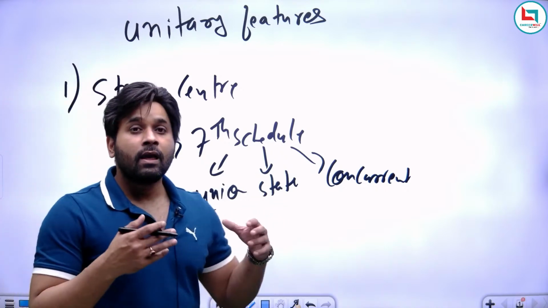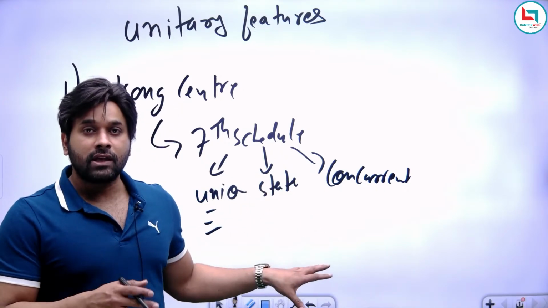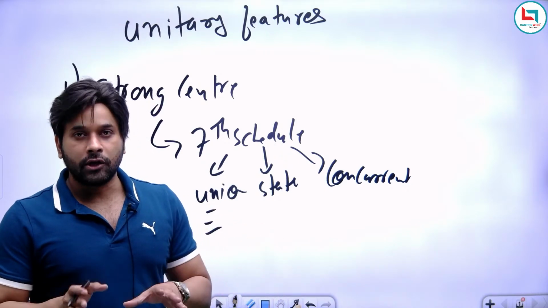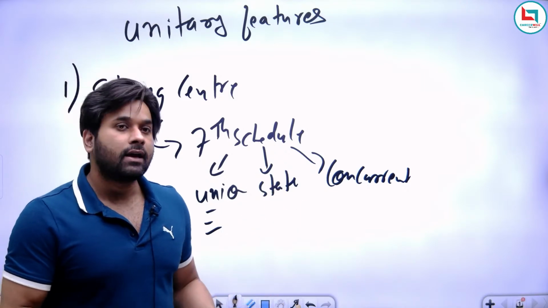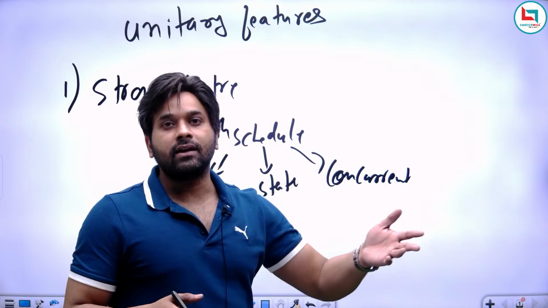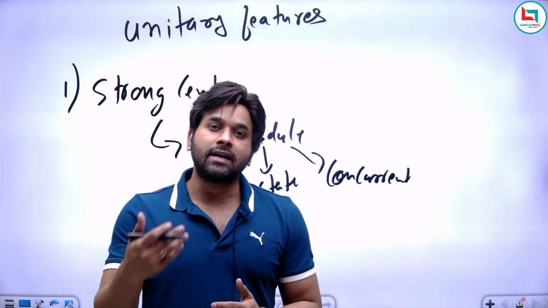Second, Parliament has the authority to make laws on the state list, but this particular thing will be discussed separately because this is a separate feature under unitary features. But when it comes to the concurrent list, as I discussed earlier, in case of conflict between the central and state law, the central law shall prevail.